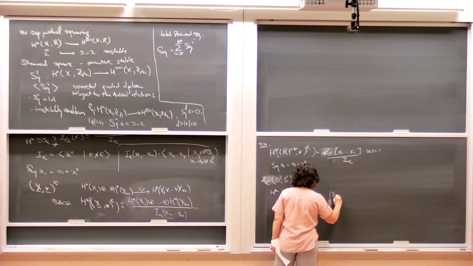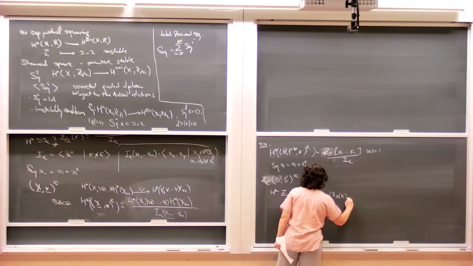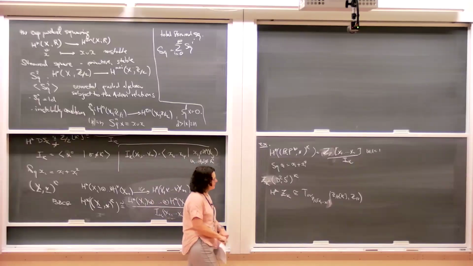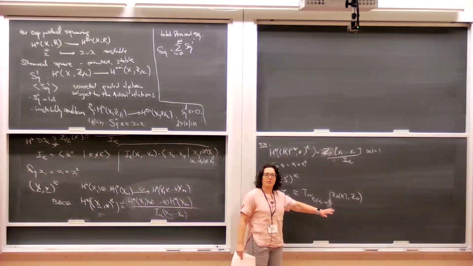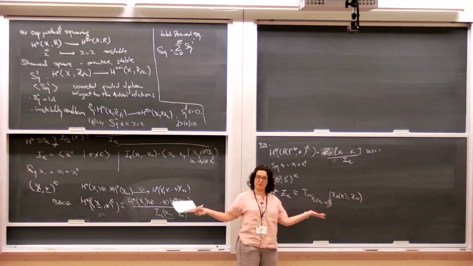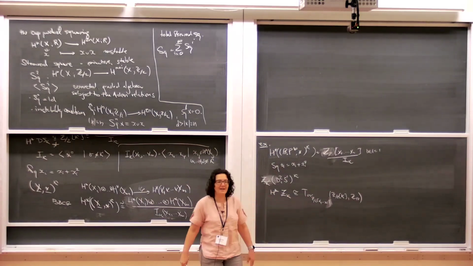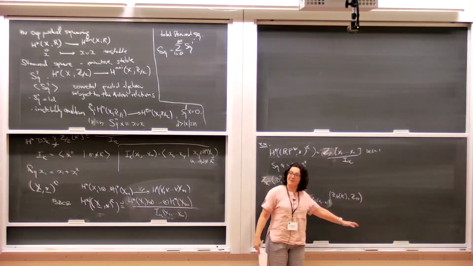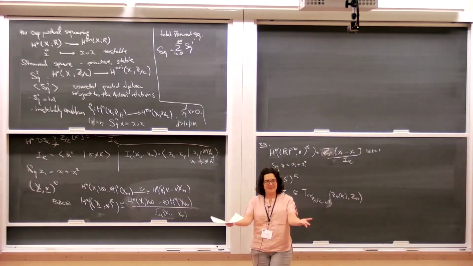So what do I have? Tor over Z2[K] of Z2 and Z2. And I don't know how to put the Steenrod algebra action on this to be able to then see what the Steenrod action is. And I still don't know, after so many months of thinking. One natural thing would be to take a resolution and see what happens there.